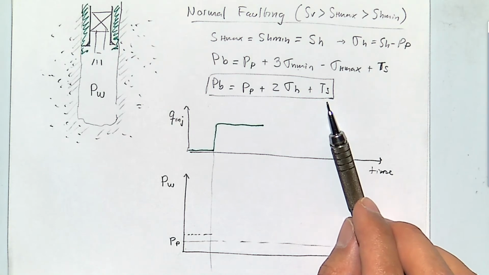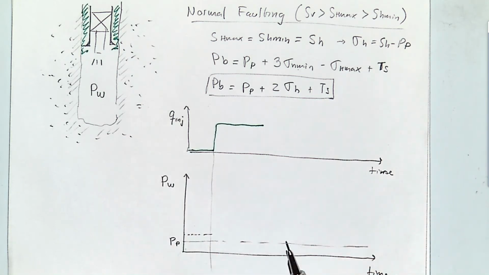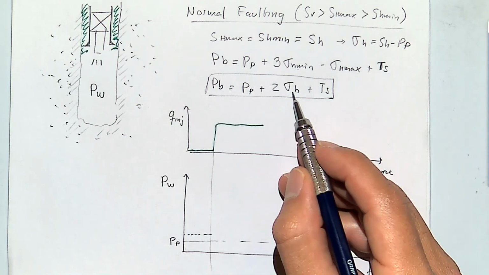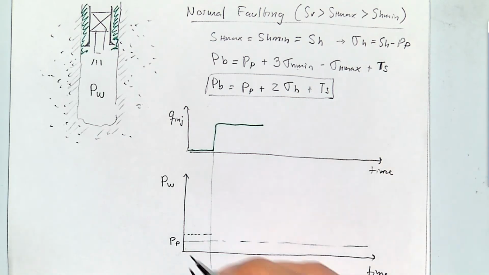That's the point at which the wellbore is going to develop a tensile fracture and should start at that point leaking drilling mud more than it did before. All right, so I'm going to put this equation in here.